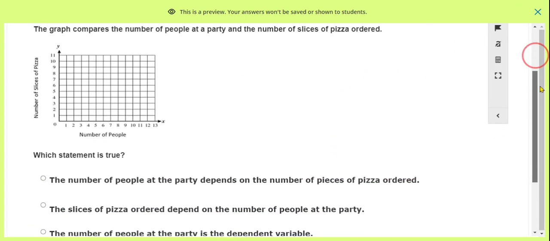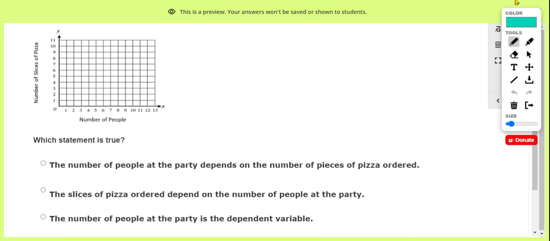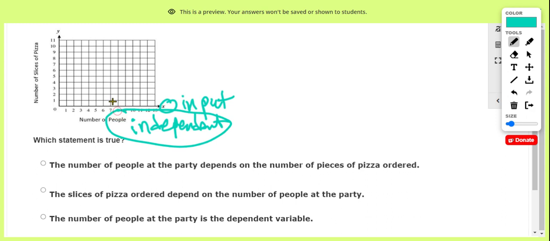Number 2, it's independent and dependent. So x variable is going to be in our input, and that is also independent. So people is independent, and that means pizza is dependent.